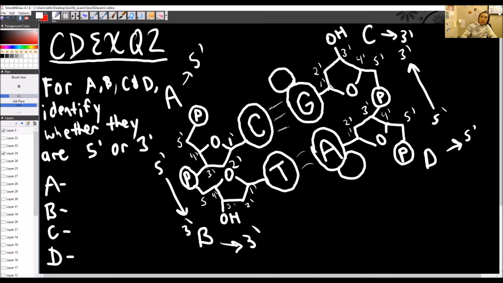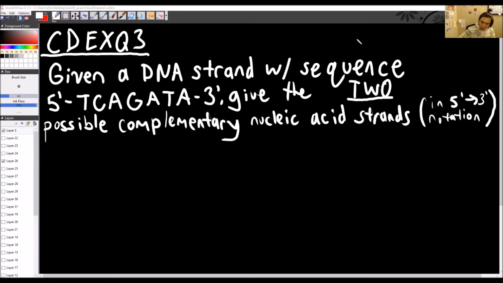So we see that this matches up with our DNA characteristics that we know, which is that whenever they are complementary to each other and attached, they are anti-parallel, going in opposite directions. So A was 5', B was 3', C was also 3', and then D was 5'.